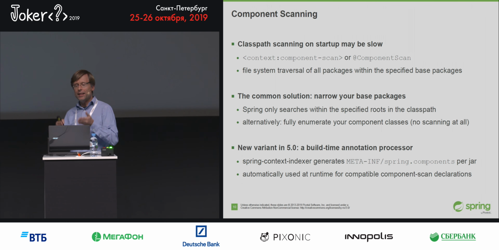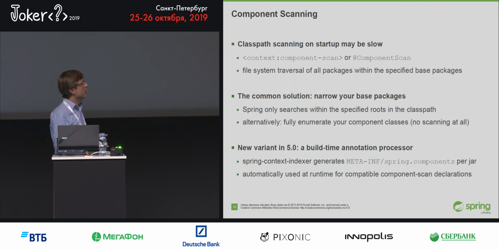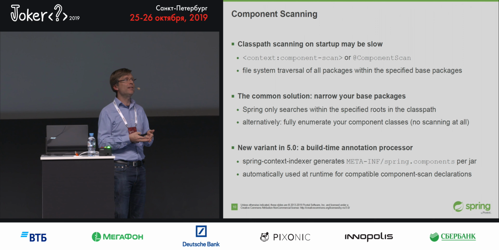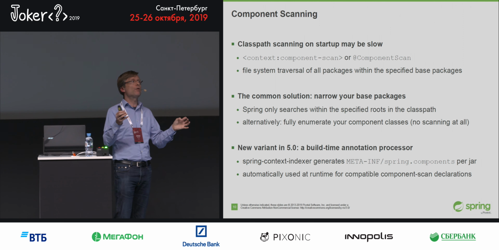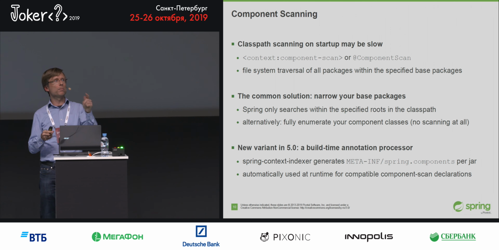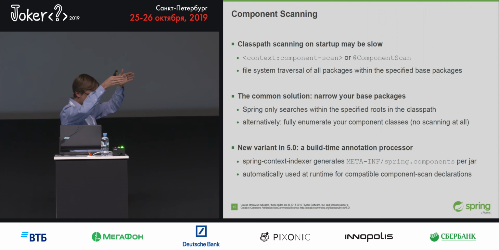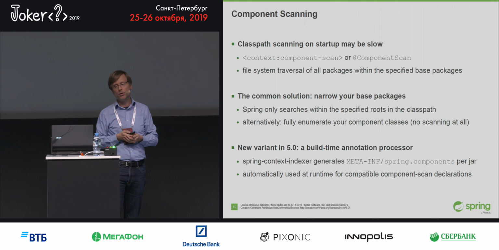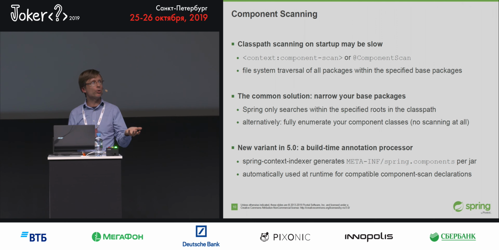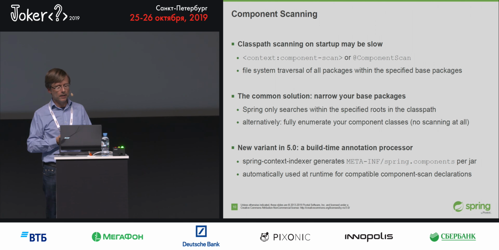By all means, narrow those base packages as far as you can. Don't send us through the entire class path. Send us through a subset of your class path by specifying a base package, like com.mycompany.myapp, right? Only packages from that root and below, sub-packages thereof, is then what we're going to search, nothing else. That can significantly cut the time.